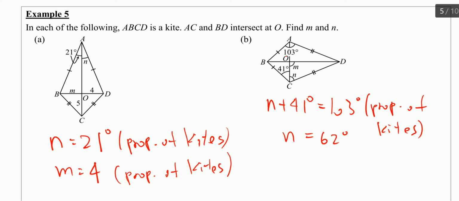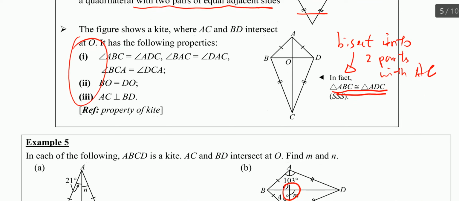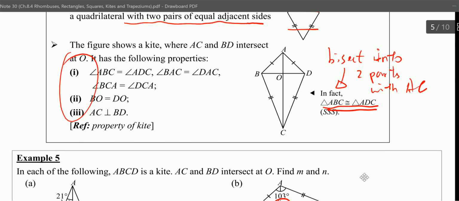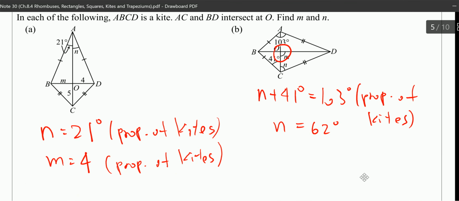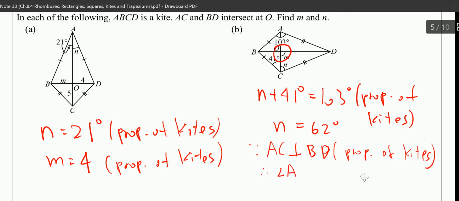Then for m, we know it should be 90 degrees, since AC is perpendicular to BD, so angle COD equals 90 degrees, and m equals 90 degrees. That's all for the brief introduction to the 5 types of figures.